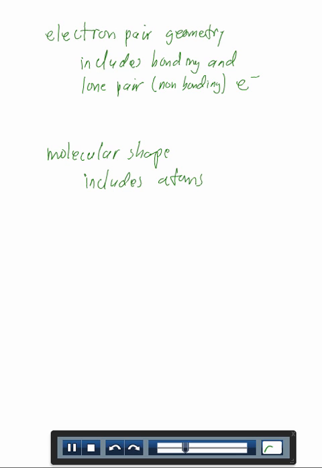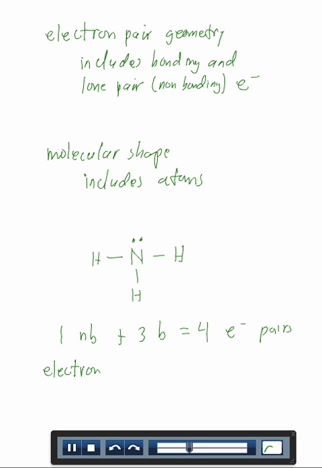Let's consider another example. Let's consider the ammonia molecule. So if we draw the Lewis dot structure for ammonia, it would look like this. Now ammonia has 1 non-bonding plus 3 bonding electron pairs, so that's 4 total electron pairs. So the electron pair geometry would be tetrahedral.